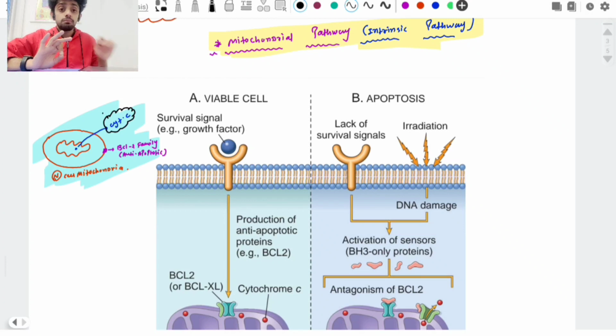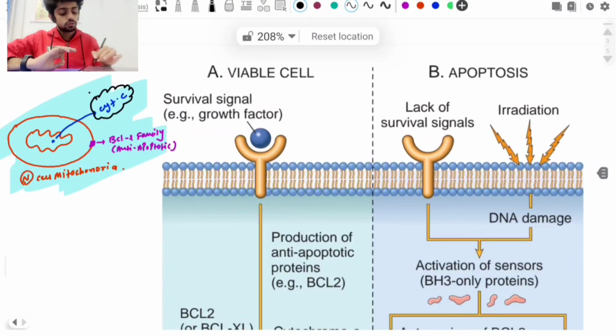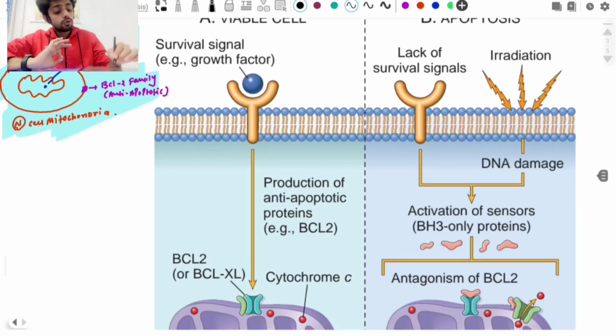If this come out from the mitochondria, it becomes very dangerous for our cell, and the cell undergoes apoptosis. To prevent this from coming out, there is a group of genes present. As I already told you, these are anti-apoptotic and always active; they make a blocking channel so that it is not able to come out.